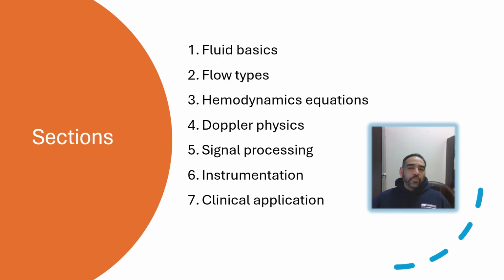So from here, we'll move into instrumentation, where machine controls influence how those signals are acquired and displayed. And finally, we'll reach the clinical application, where all of these principles come together in real diagnostic scenarios. So each phase builds on the one before it. And right now we're moving from understanding frequency shifts to understanding how those shifts become spectral tracings you analyze every day.